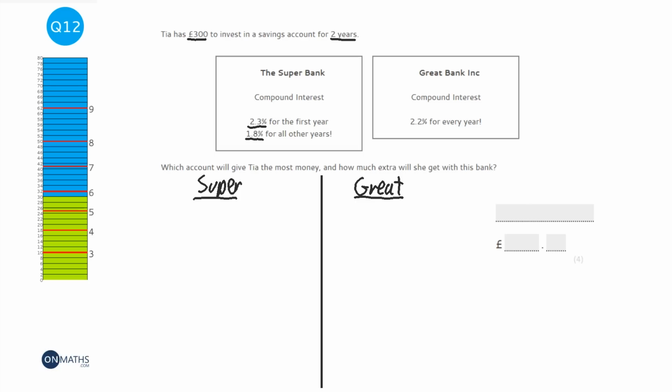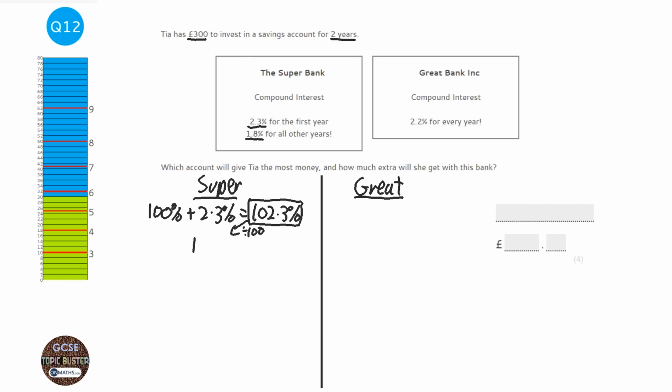Since this is the calculator paper, we use the multiplier method. So we start off with 100% always, and compound interest means we're gaining money, so we're going to go up by 2.3%. That means we'll have 102.3%. As a multiplier, we just divide that percentage by 100 to get it as a decimal, 1.023.